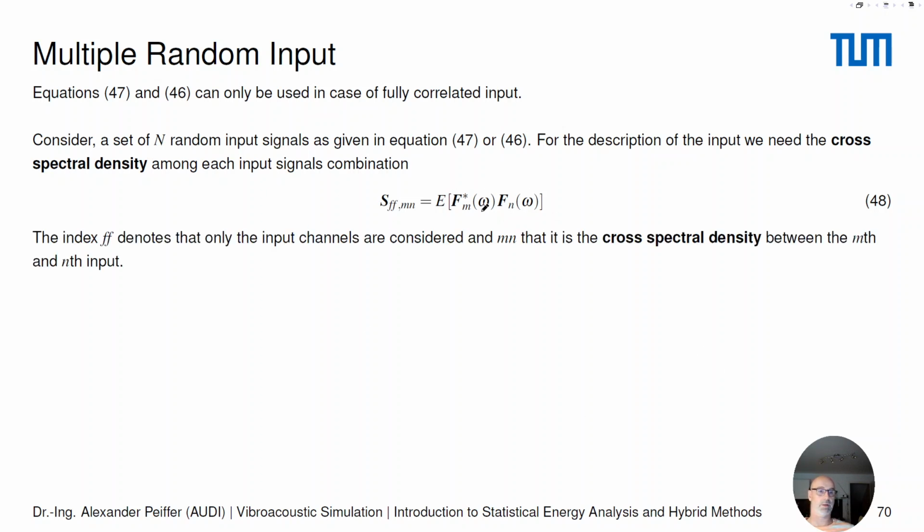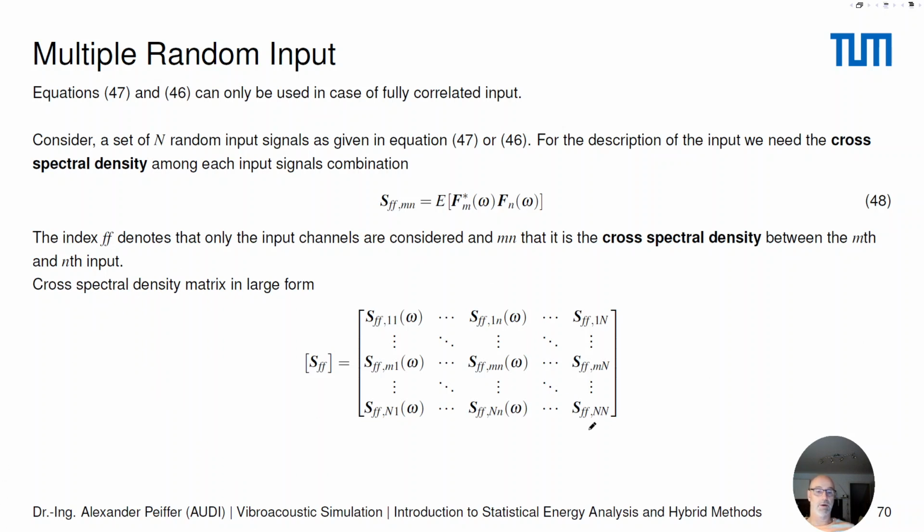As mentioned in the session before, the easiest way to do so is to take the expected value average over many measured spectra. The trick is that FF denotes that we are just talking about the input channel. We are not relating input and output, we're just dealing with the input. And MN denotes that we're talking about the different channels of the input.